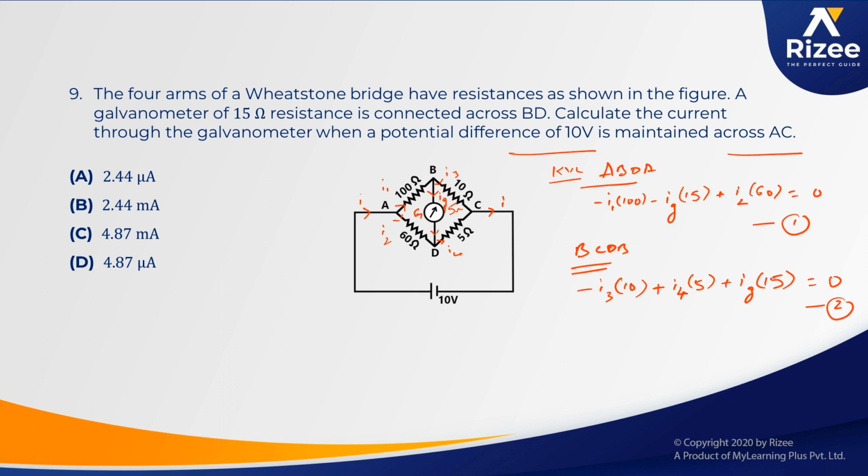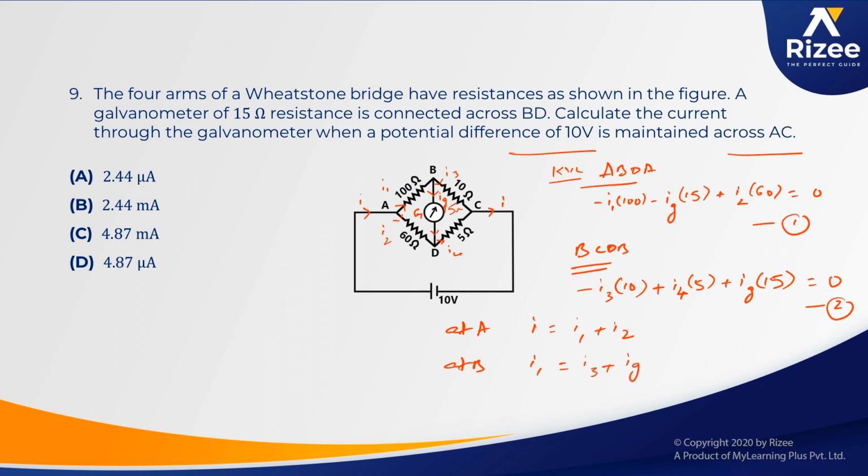Now apart from this, according to the KVL equation, you can write I is equal to I1 plus I2 at the junction A. Now at junction B, I1 is splitting as I3 and Ig. You can write these equations.